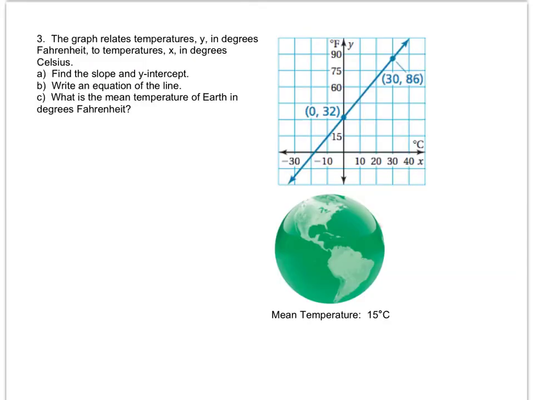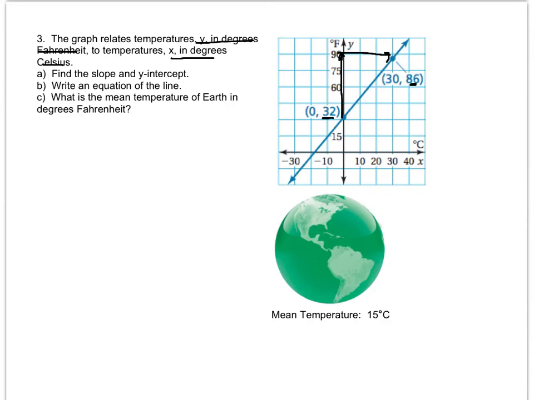Last one, the graph relates temperatures in degrees Fahrenheit to temperatures in degrees Celsius. x is Celsius and y is Fahrenheit. Find the slope and the y-intercept. Remember, the slope is the change in y over the change in x. And remember, you can't count the boxes if it doesn't go by ones. So this goes from 32 all the way up to 86.